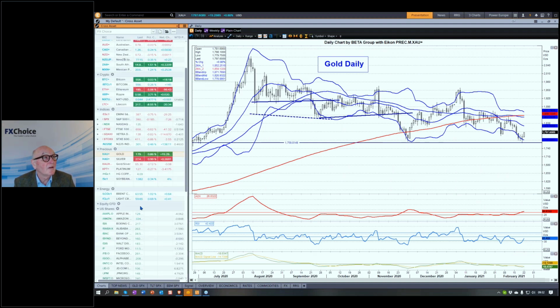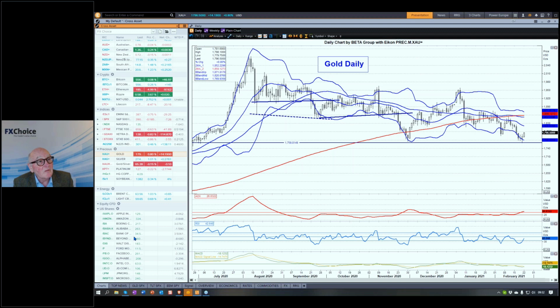So I'm going now to the stocks. I mentioned the last time about the banks, the rebound in the banks, and they are doing well.